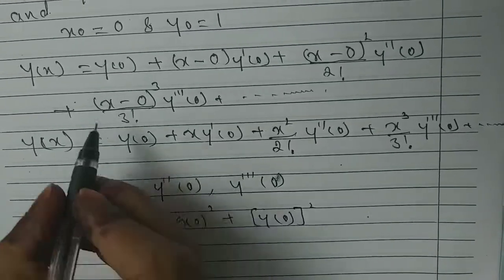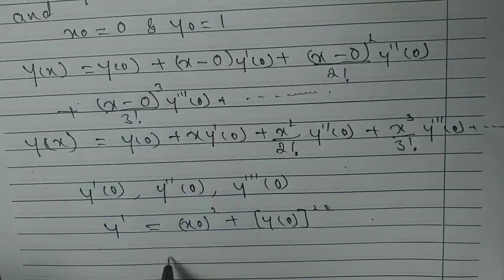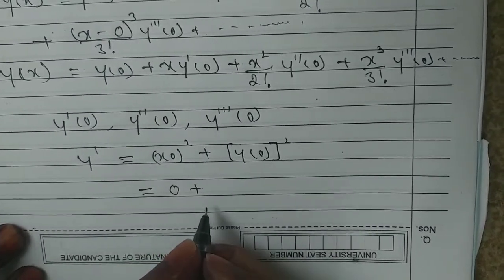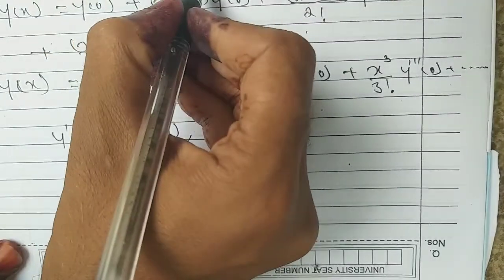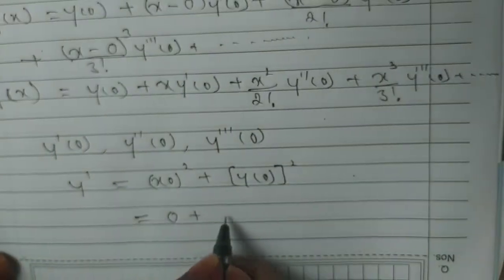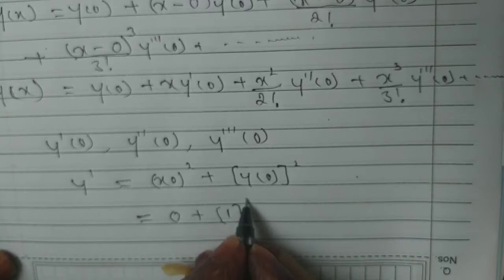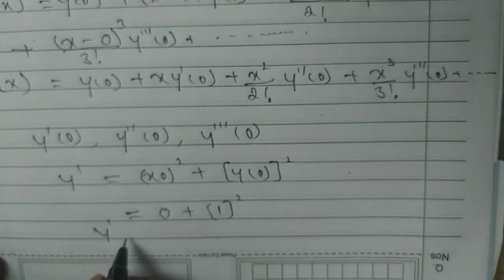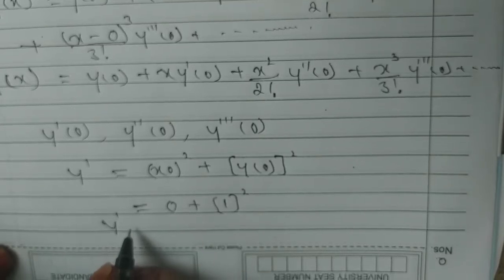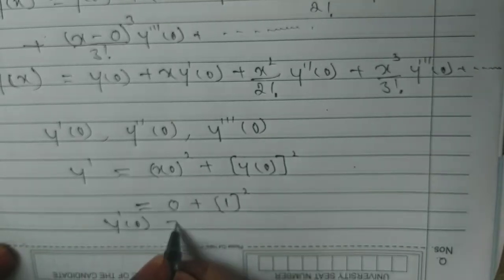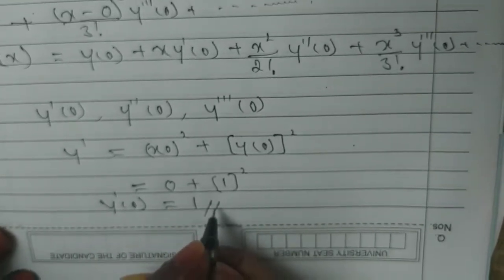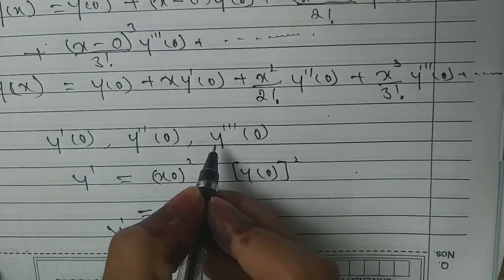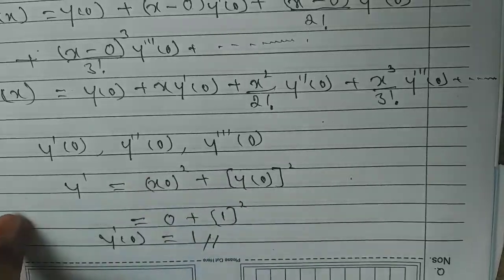We know the value of x naught is 0 and y naught is 1. So now we got the value y dash of 0 is equal to 1. Similarly, we can calculate y double dash of 0 and y triple dash of 0.